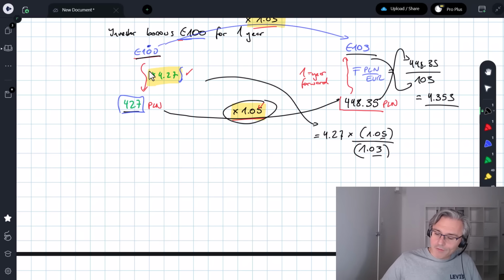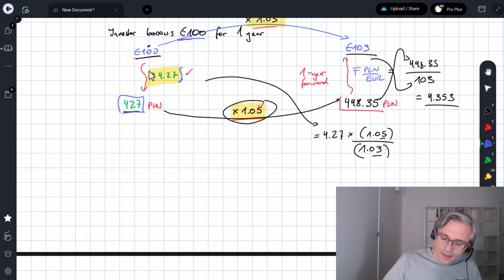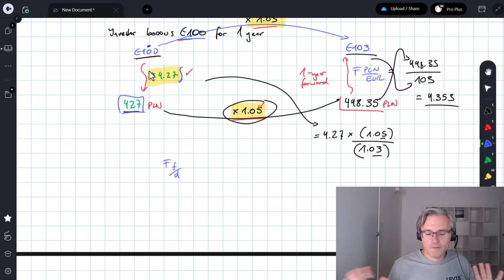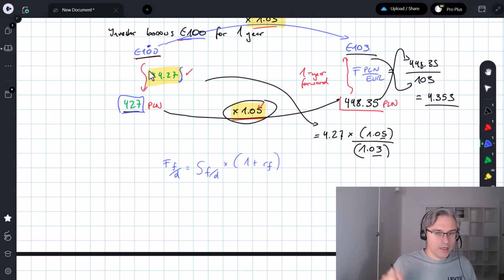The formal way of writing this down, and this is what takes many pages in your book to explain, is that the forward rate between a foreign currency and a domestic currency, which of course depends on what is foreign and domestic for the given investor, is equal to the spot rate between those currencies multiplied by 1 plus the rate of interest in the foreign currency, in our case the Polish one, which was earning 5, divided by 1 plus the interest rate in the domestic currency.